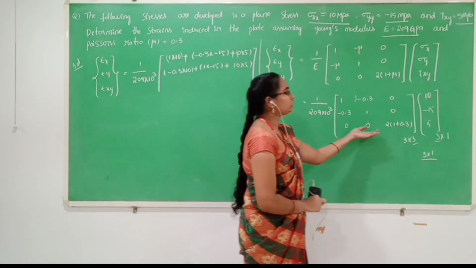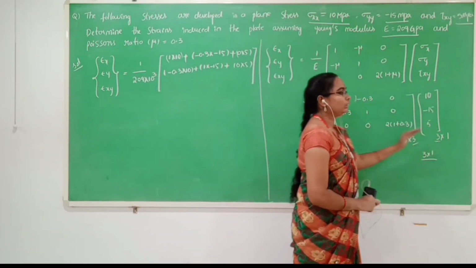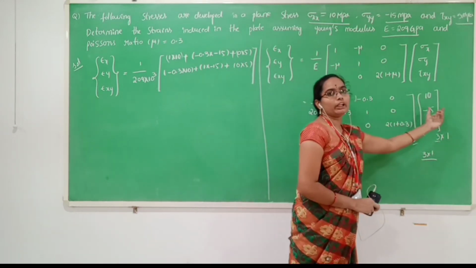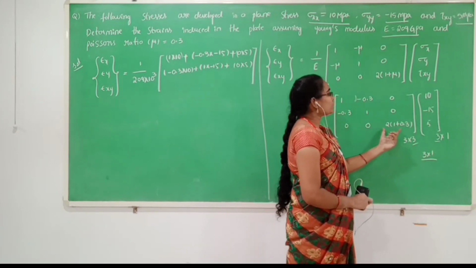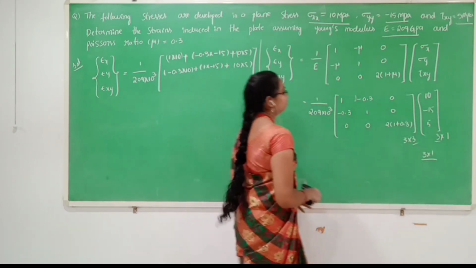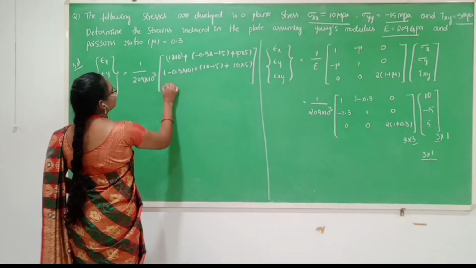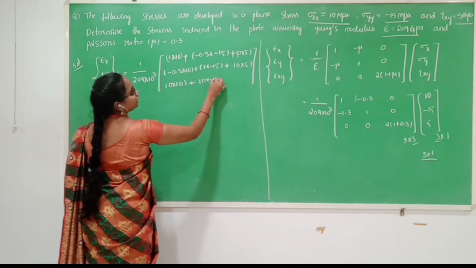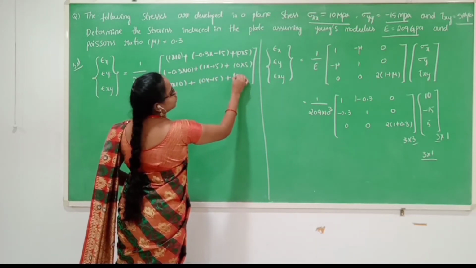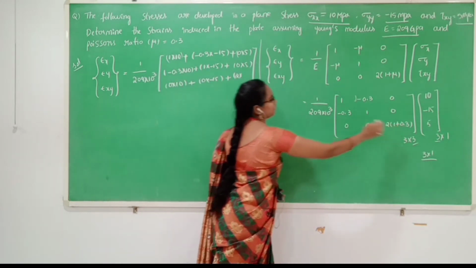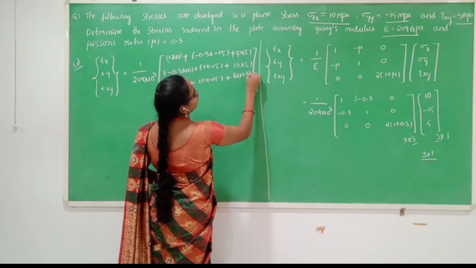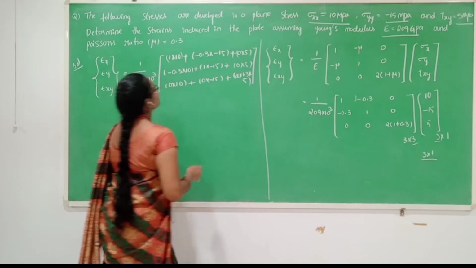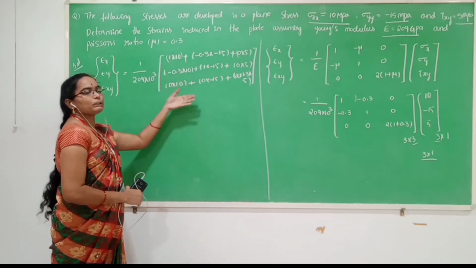The third row is multiplied with the column: 0 into 10 plus 0 into minus 15 plus 2 into 1.3 into 5, giving the third value.